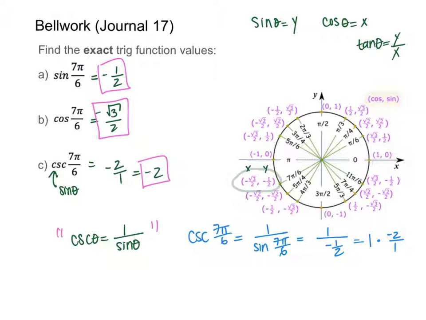You would put this over 1 and multiply straight across. So 1 times negative 2 gives me negative 2, over 1 times 1 gives you 1. And negative 2 over 1 is negative 2. All right, so it does look like I got the same answer as I did before.